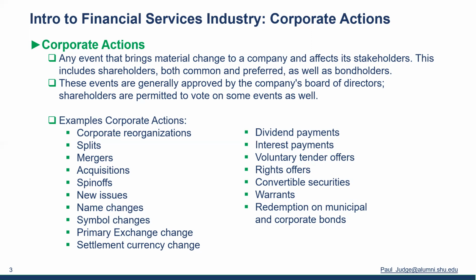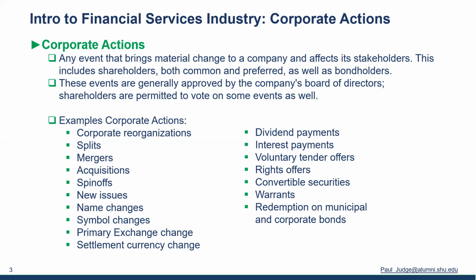Because obviously, if a company is changing their name, or they're changing the symbol that they trade under, or they're merging with another company, or they're acquiring another company, or maybe they're taking a division and they're spinning it off, and it's going to be its own wholly owned subsidiary, or maybe it's going to be an independent company with its own stock.